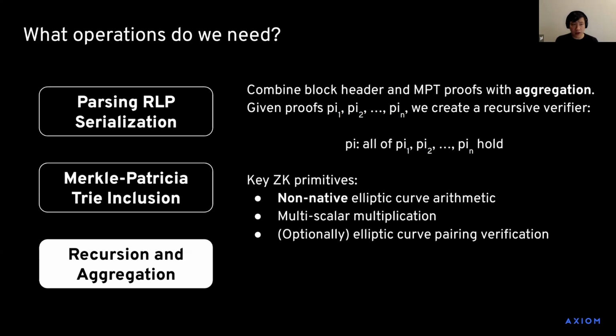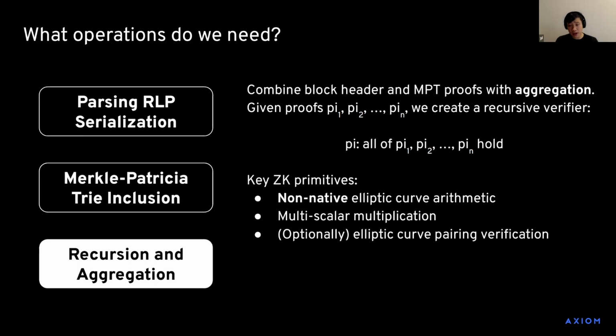This procedure, as you might know, is called aggregation. Given proofs like pi 1 through pi n, we can create a recursive verifier, which checks that all of them hold up to some pairing that we're actually verifying on-chain later.